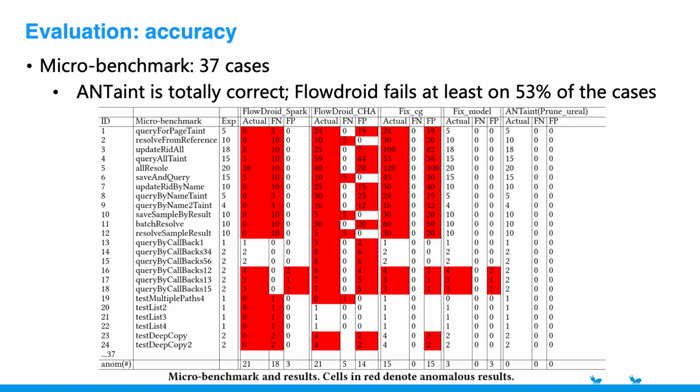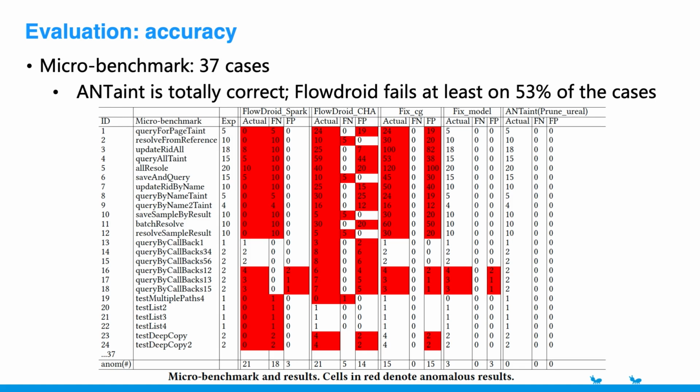In the last part, we evaluate our approach. To evaluate its accuracy, we first build a micro benchmark containing 37 cases. Some cases are simplified code of real systems, and some are manually created by developers.